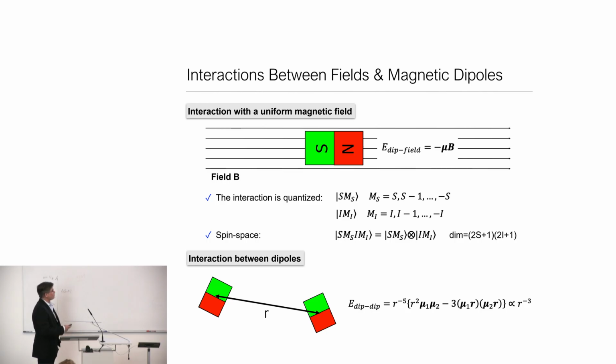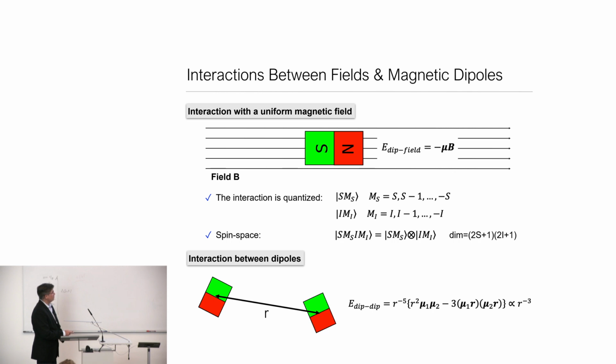But these quantum mechanical magnets not only have interactions with external magnetic fields, they also have interactions among themselves. That is a dipole-dipole interaction, and if you go into any book of classical physics, the expression for a dipole-dipole interaction is the following. That's a scalar product of the two magnetic moments.